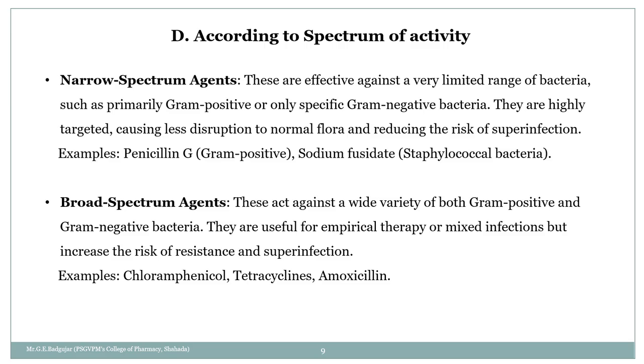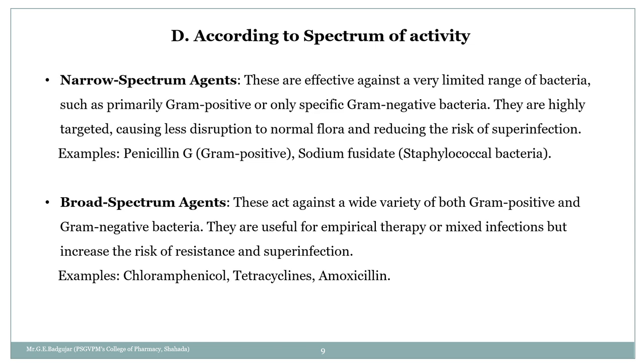They are highly targeted, causing less disruption to the normal flora and reducing the risk of superinfection. Examples of narrow spectrum include penicillin G, which is effective against gram-positive bacteria, and sodium fusidate, which is effective against staphylococcal bacteria. So such drugs which are effective against a very limited range of bacteria are called narrow spectrum agents.